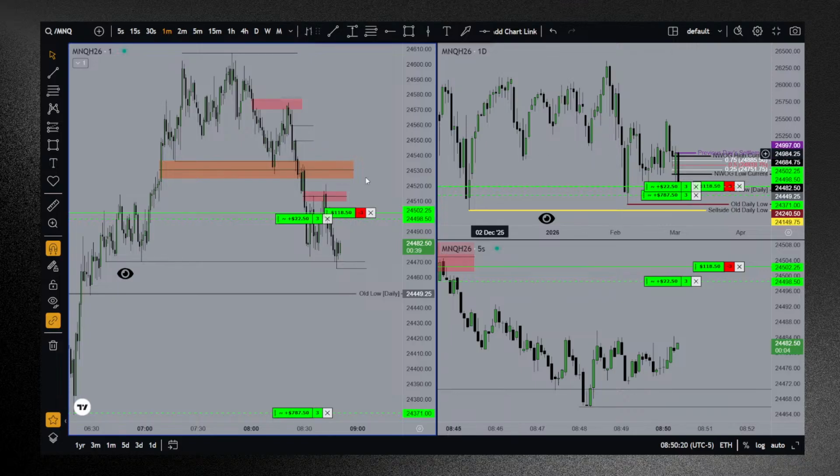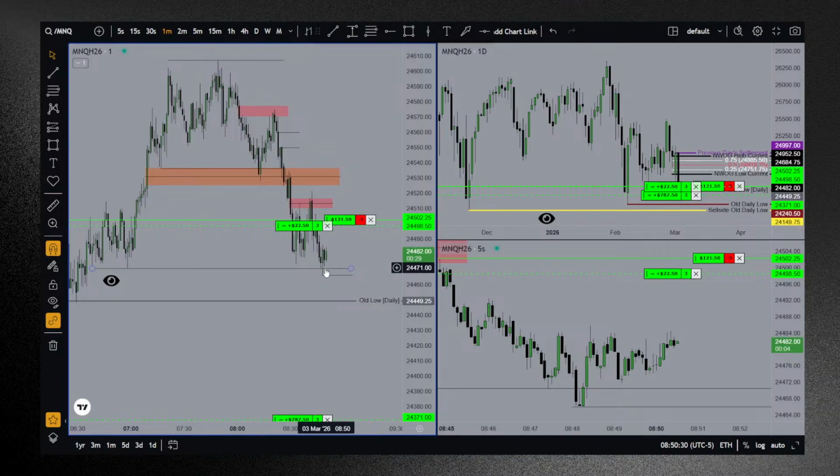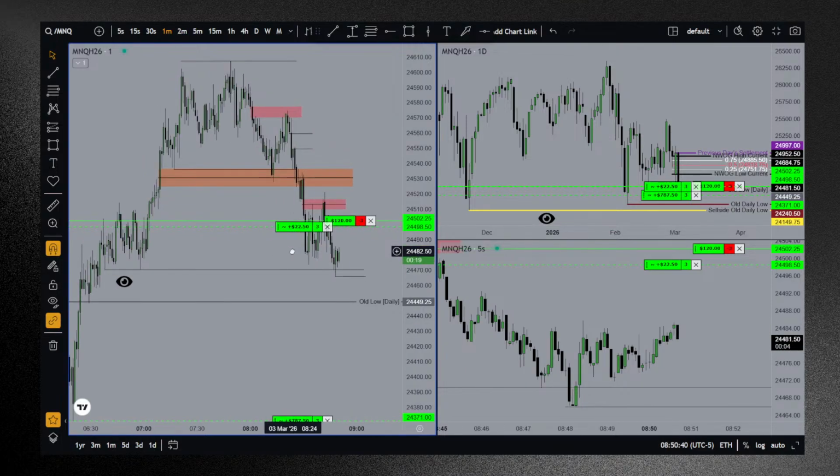Right, so I'm just giving it time. I'm just chilling basically, because I already secured a partial and I'm already even on this trade. So if it goes and stops me out, that's fine. I will not mind that.